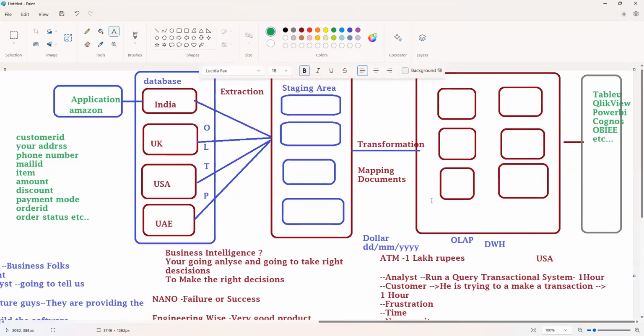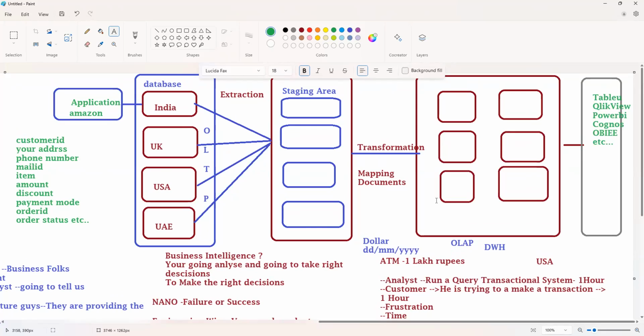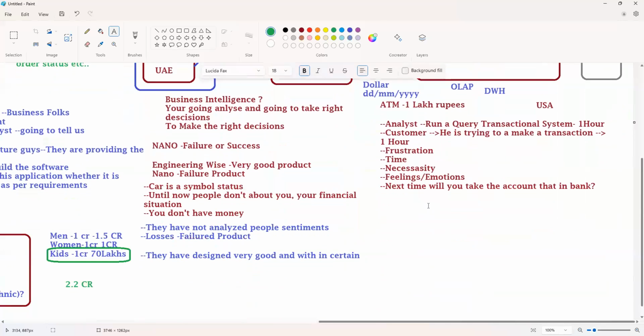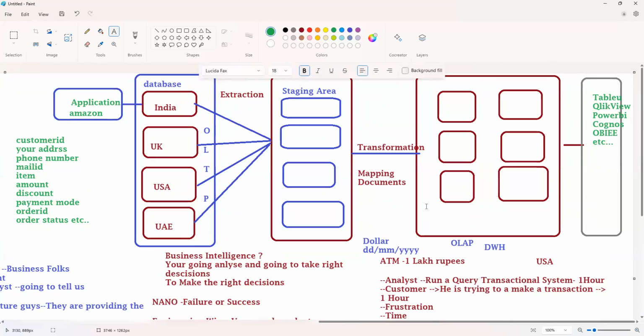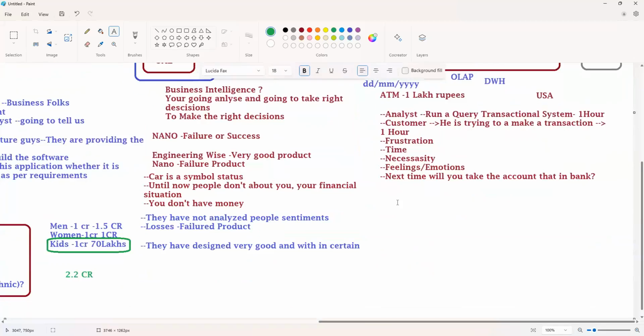You have explained everything from the basic Amazon application to the data warehouse, as well as the reporting. Now tell me, sir, being a tester, what do I have to do? This is the question, right?